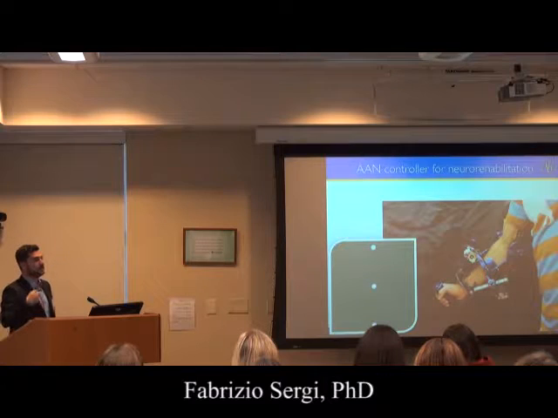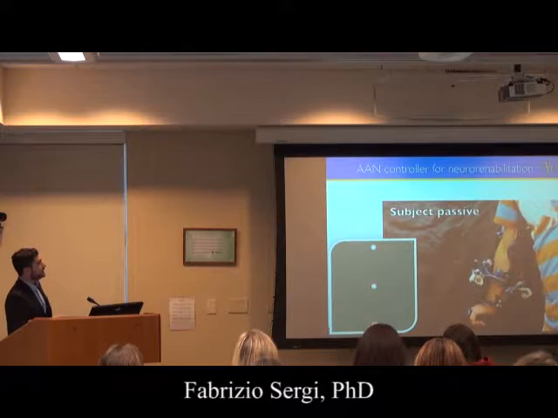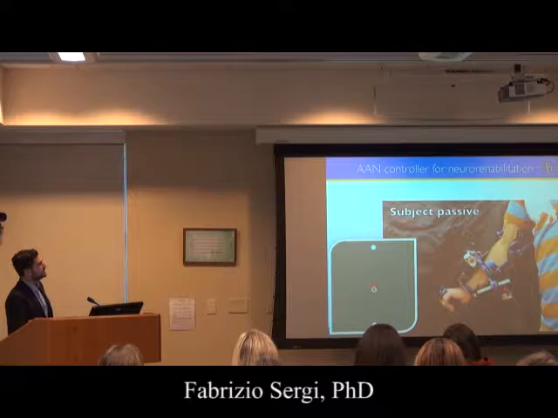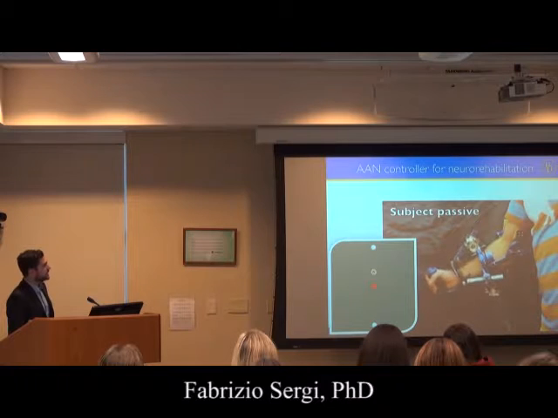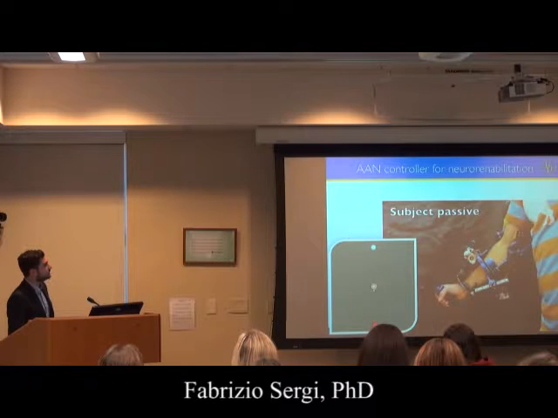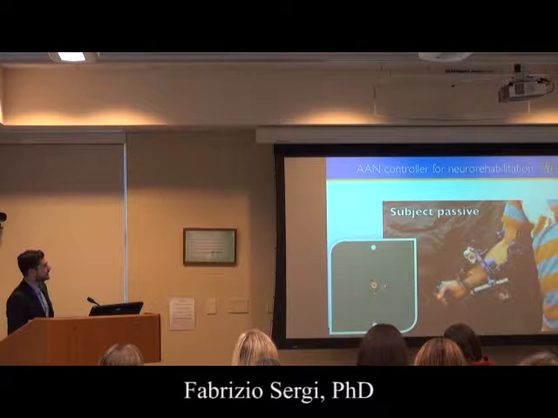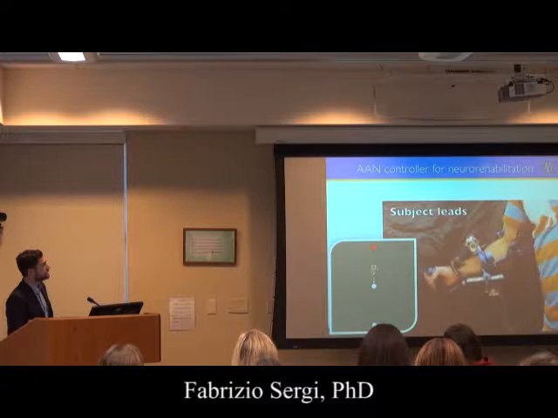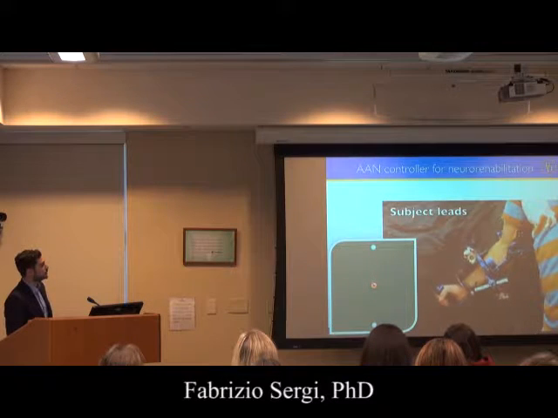And so how do we modulate challenge in this type of task? Well, we have an algorithm that distinguishes whether the subject is passive or active. And so in this case now the subject becomes active, and you can see that he is leading this ghost cursor that's behind him. Here is where the subject leads and is in front of the ghost cursor.